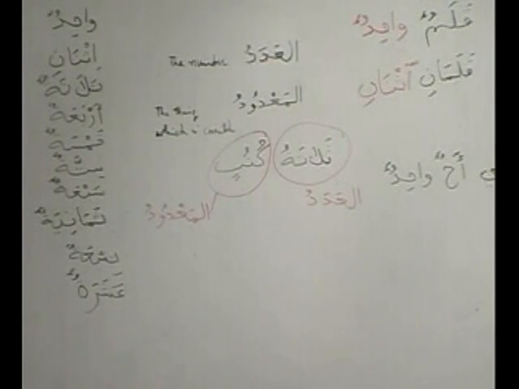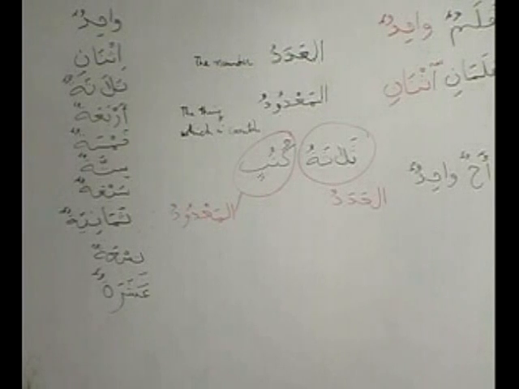Okay, brothers and sisters? So if I say to you, now we are counting pens, you will start with 3. What will you say? Salasatu aqlamin. So salasatu is mudaf. It cannot have al. It cannot have tanween. And then aqlamin, because it is mudaf ilayhi, majroor. Ready?